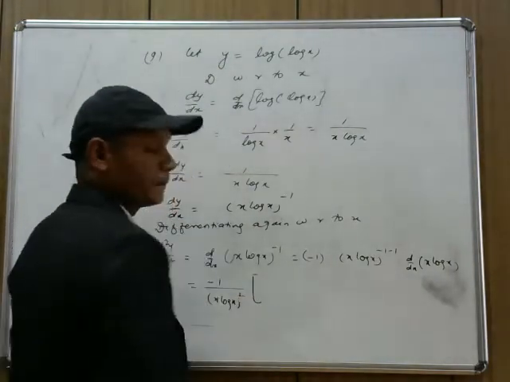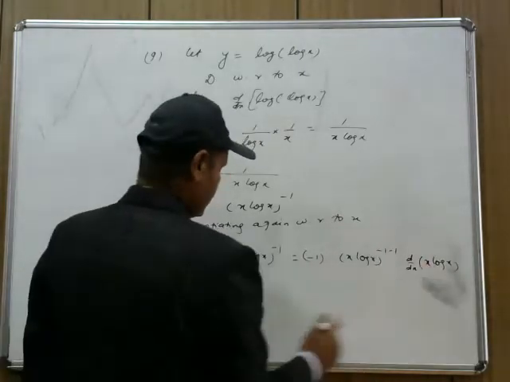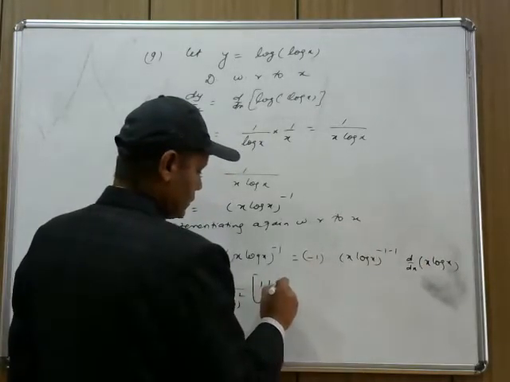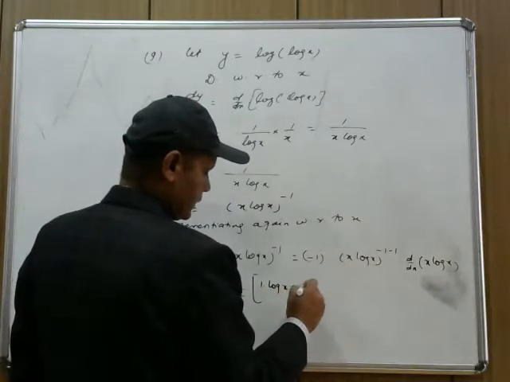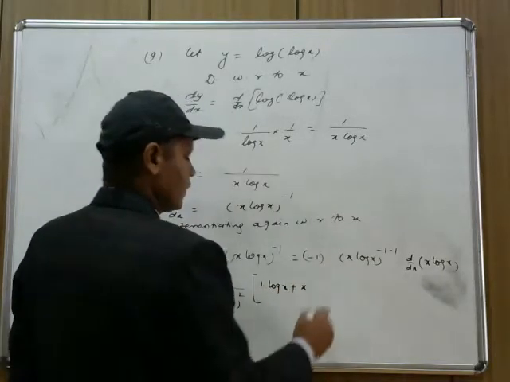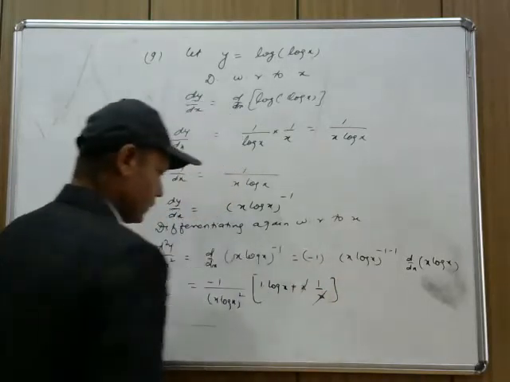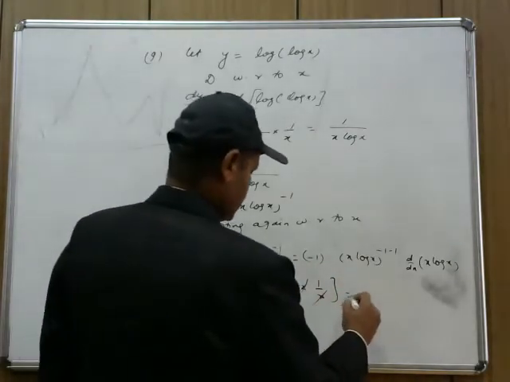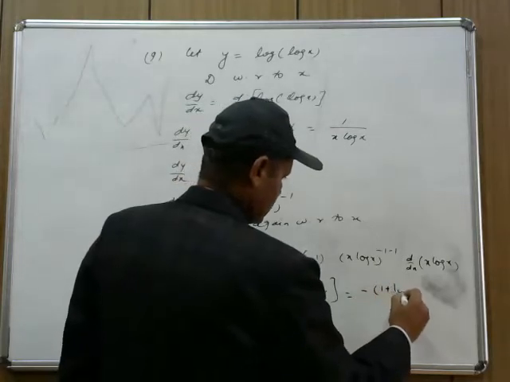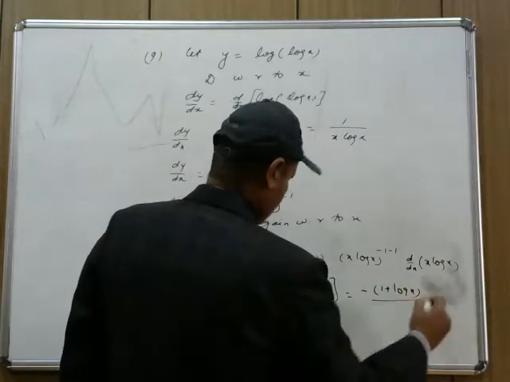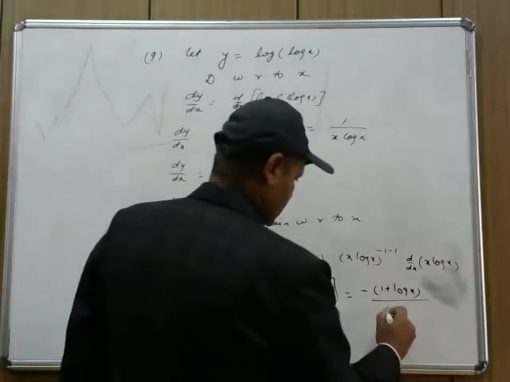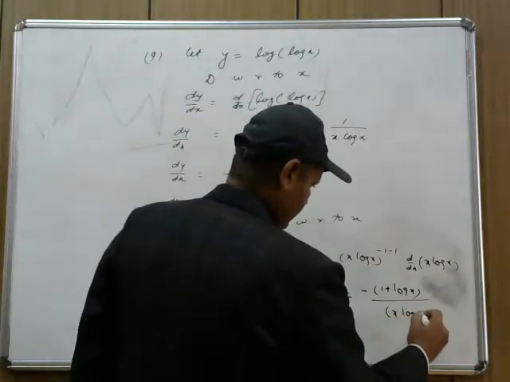Again we will go for the product rule. Differentiation of x is 1 into log x as it is, plus x into differentiation of log x, 1 by x. This is cancelled. Therefore now what will we get? Minus 1 plus log x, divided by x log x whole square.